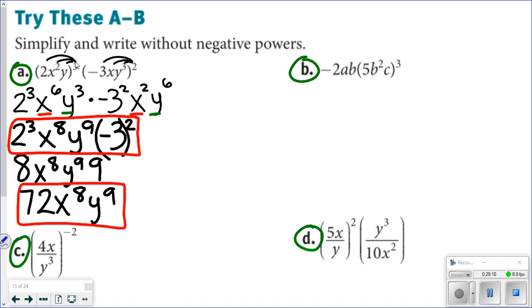Okay, letter B. If you haven't done letter B already, please pause it and try it before I go through it. Distribute the 3 just to the bases inside the parentheses. Then I'm going to notice that I have the same base of b.